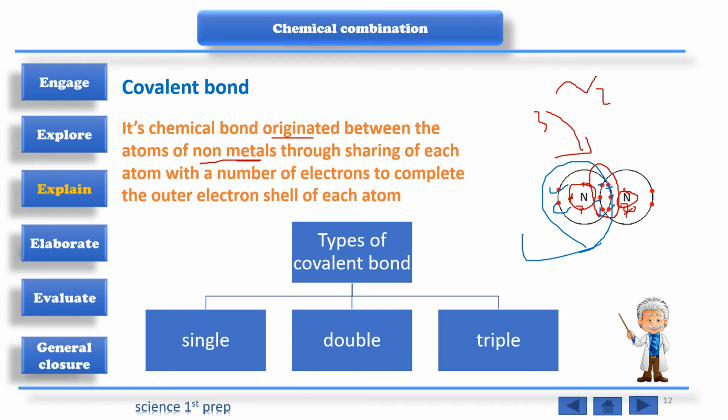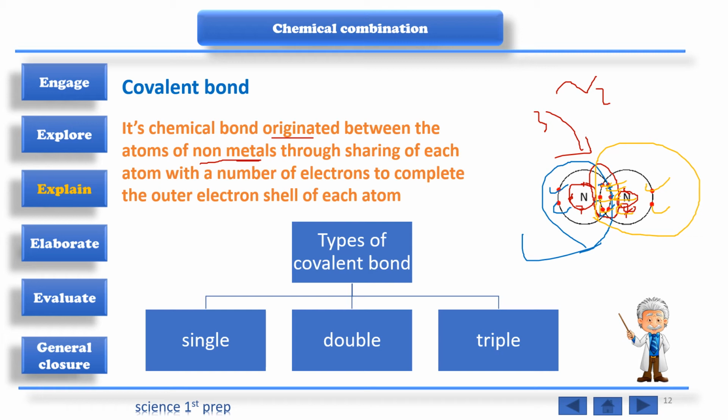Okay, and if we count the number of electrons in the right one, here we have 2 in K, and in L we have 1, 2, 3, 4, 5, 6, 7, 8 inside.